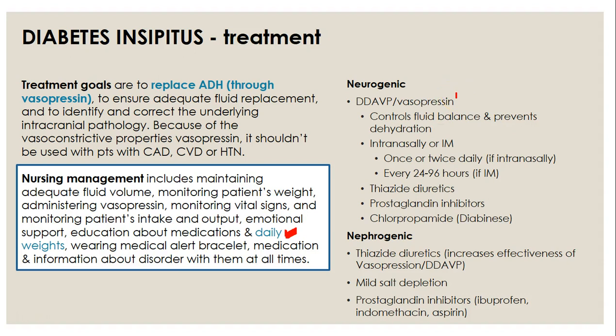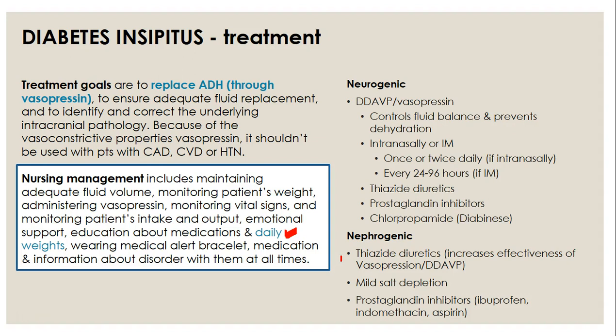And what throws off students is the use of thiazide diuretics. One, it actually helps to increase the effects of vasopressin, but it almost has an opposite effect. It creates a sense of mild hypovolemia, and the way that the kidneys respond to thiazide diuretics is the uptake of sodium and water.